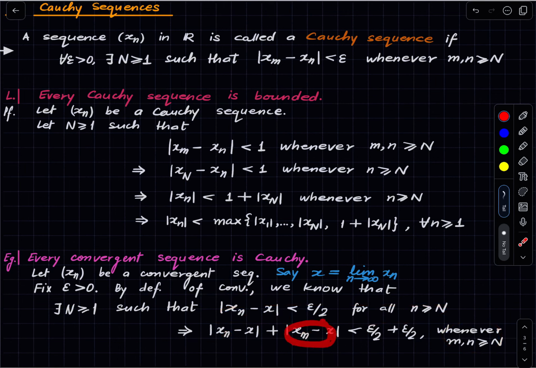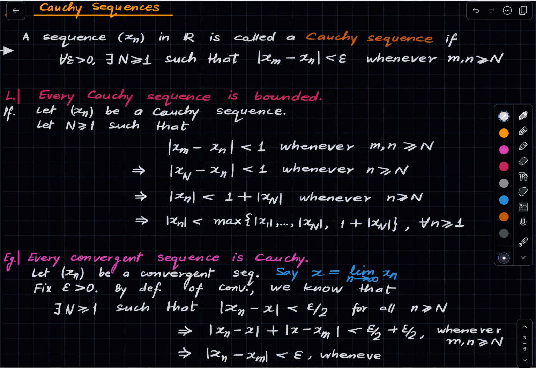And this we can, let me write this just somewhat differently. Right? And now by triangle inequality, we have xn minus xm is at most epsilon whenever... Right.